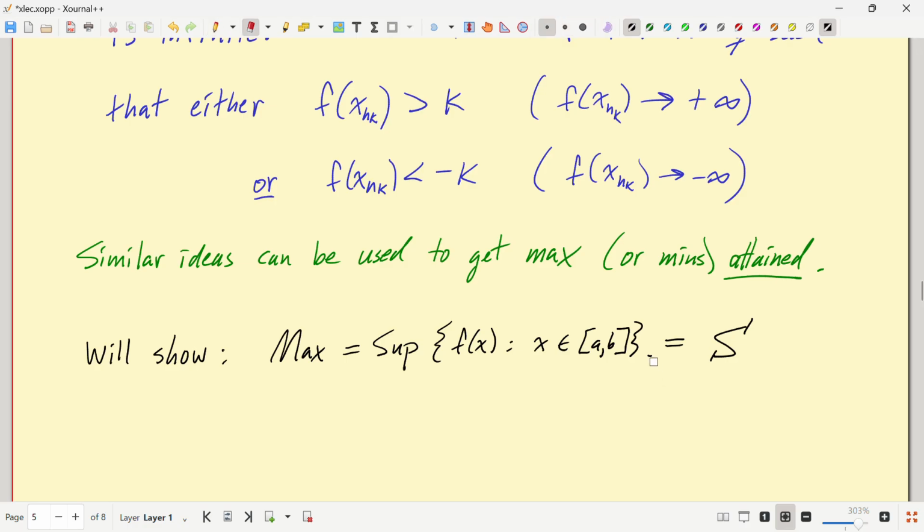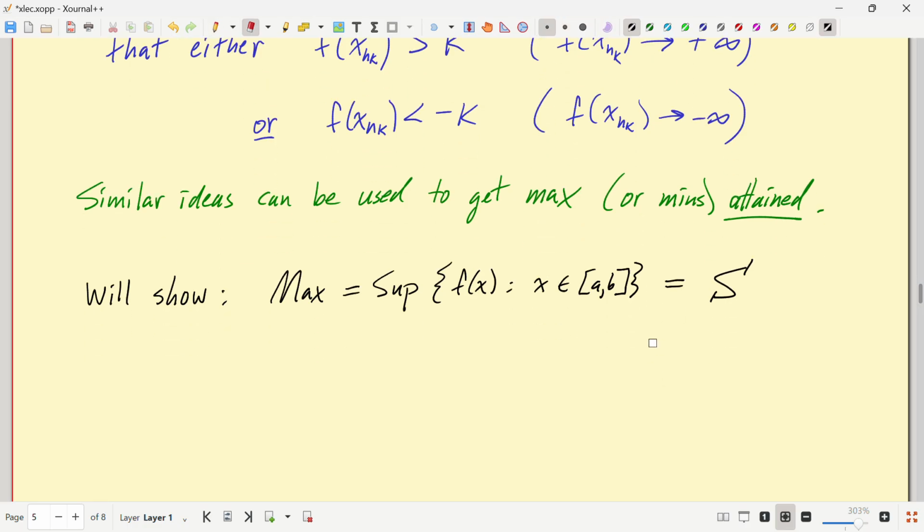I don't know it's the max yet, but a key property of the supremum. I'm going to run out of time. I'm going to start next time with the key property of the sup.